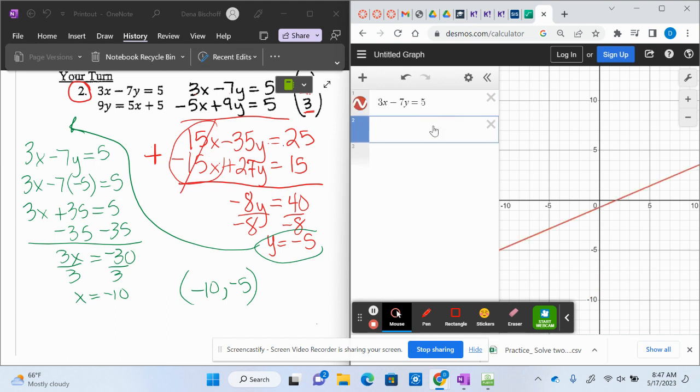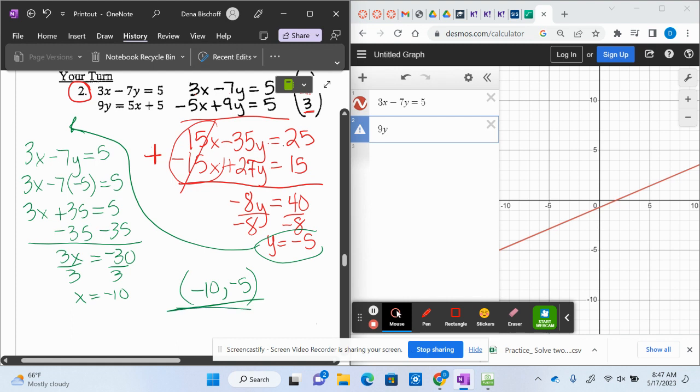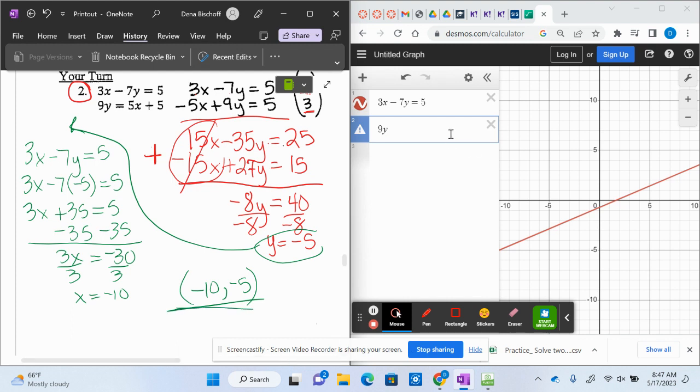That means this ordered pair is the place where these two lines do what? Intersect.